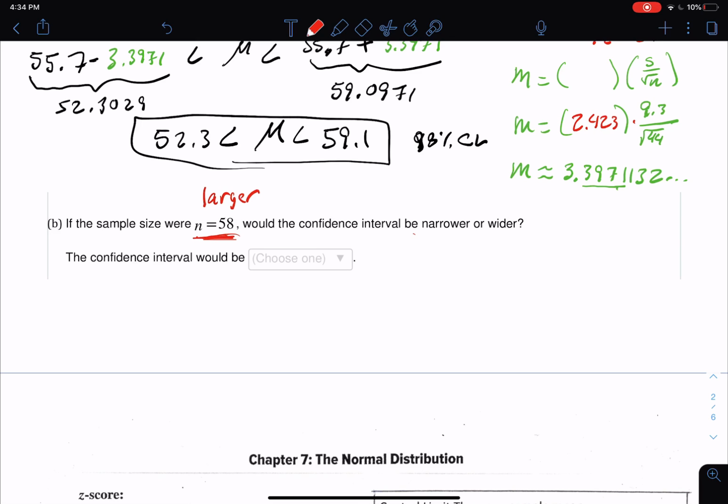So if the sample size is larger, we can make this confidence interval tighter or narrower because you've got more sample, more data. So more data means you could tighten up that confidence interval. So this would just be narrower.